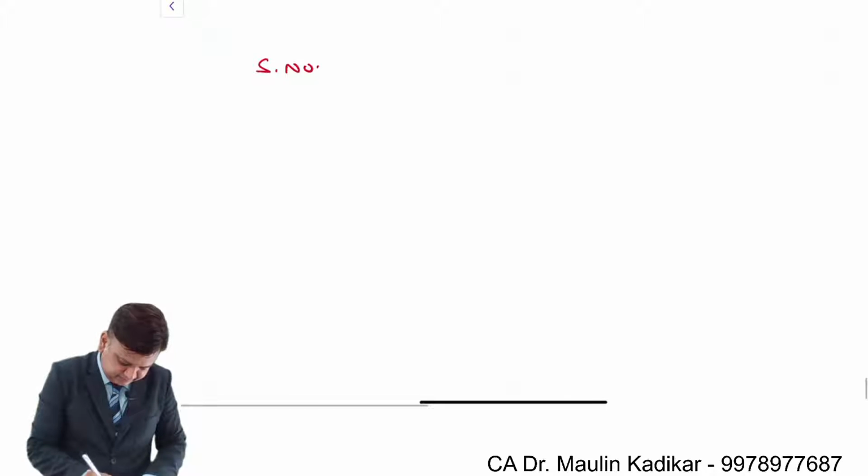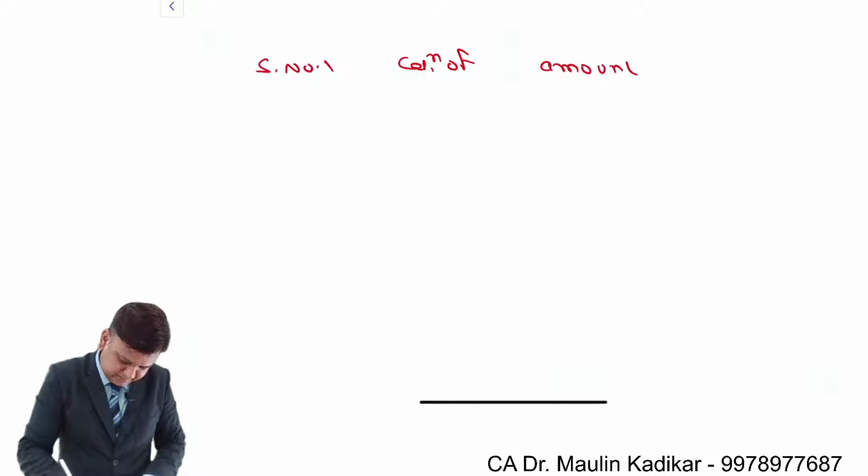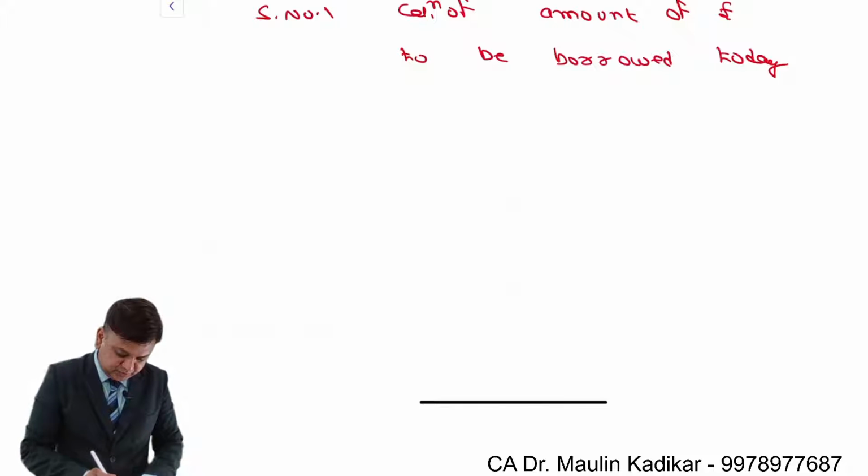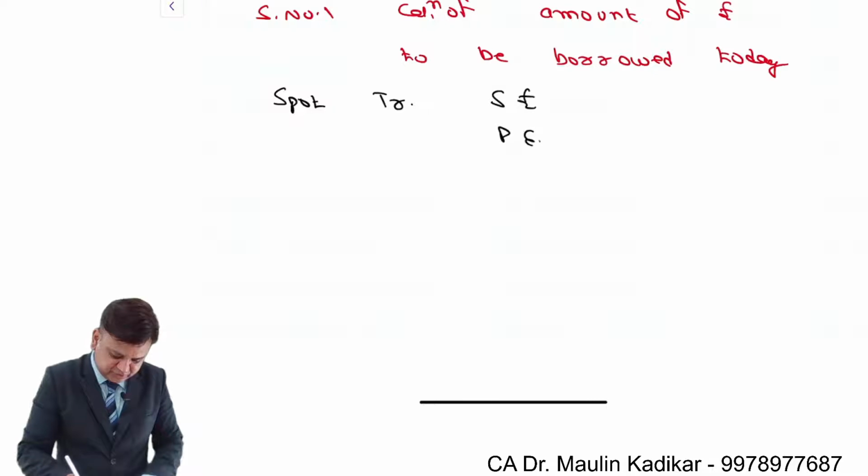Step number 1, calculation of amount of pound to be borrowed today. In the breakdown, spot transaction, sell of pound and purchase of euro.